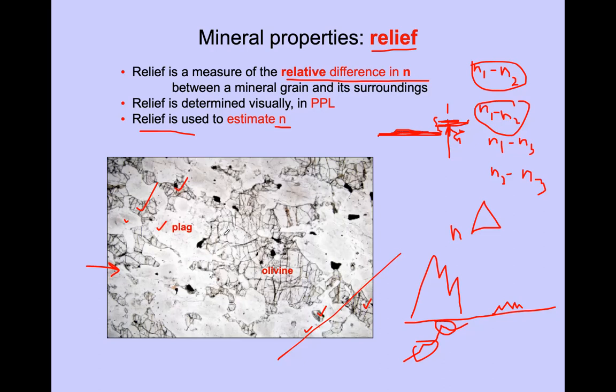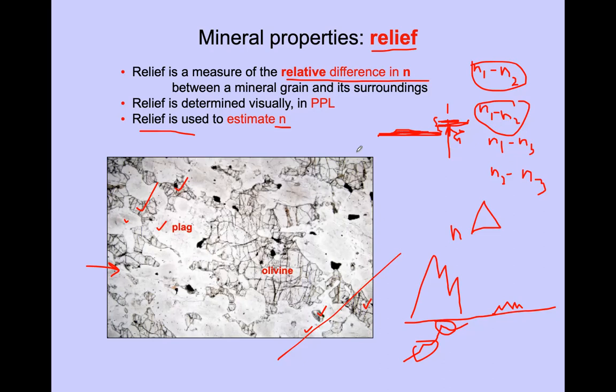Some minerals stand very high, like garnet, for example. It will show more than olivine, standing up relative to the glass level. So anyway, this relief is also important because we define it and categorize it in manuals, in books. Garnet has high relief, this color, and other different features.